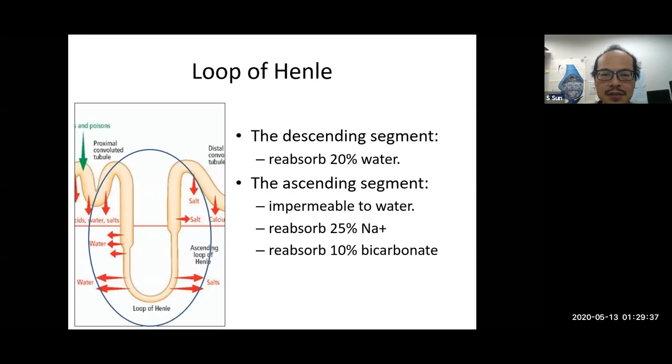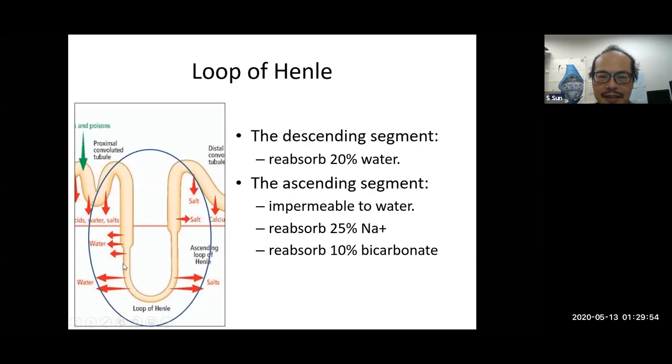Then the next one is the loop of Henle. This loop of Henle has two segments. One is the descending, leaving away, and the ascending.